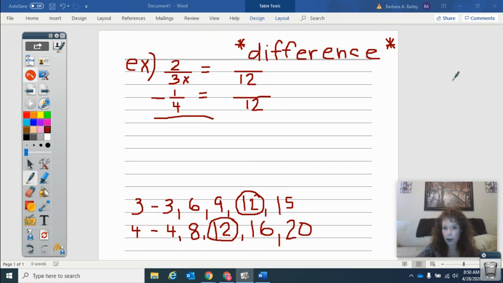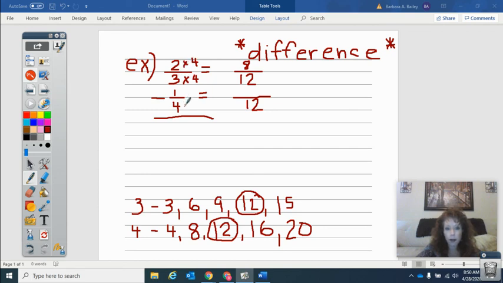Well, you can do tally marks. 1, 2, 3, 4, 5, 6, 7, 8, 9, 10, 11, 12. 3 times 4 makes 12. So I have to do the same thing in my numerator. 2 times 4 is 8. So 8/12 is equal to 2/3.